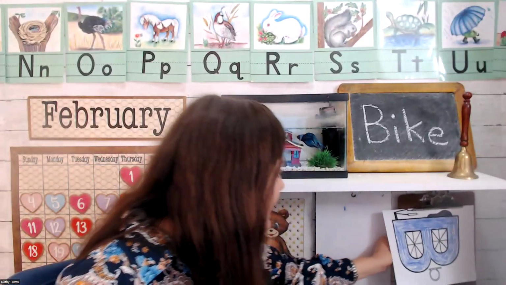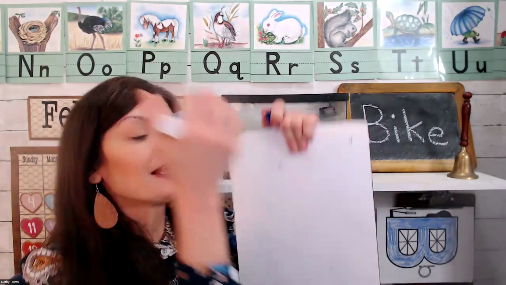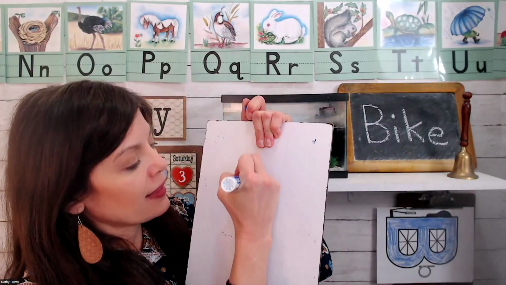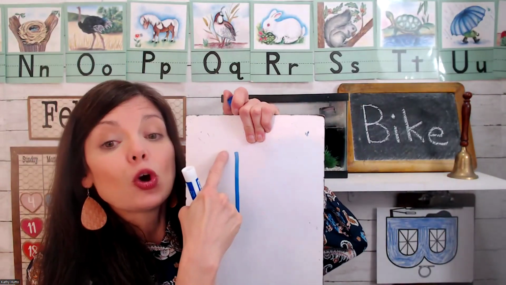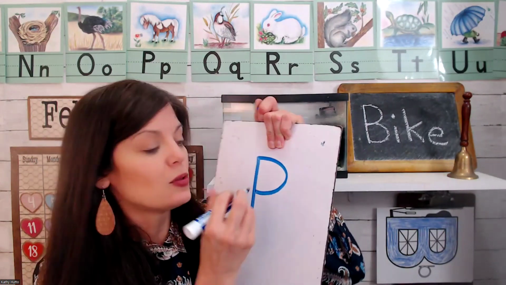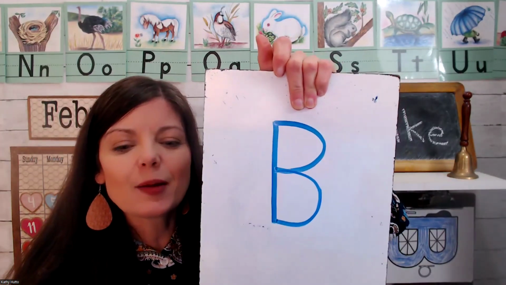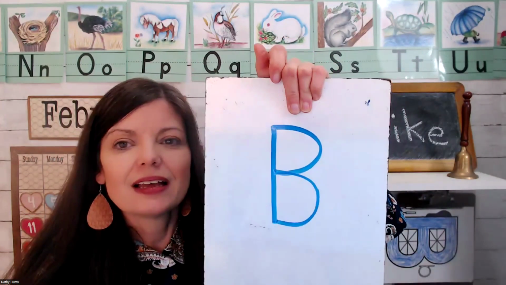Now that we can recognize our letter B, we'll practice writing it. To write letter B, you're going to make a line that comes straight down, go back to the top, curve around from the top to the middle, and the middle to the bottom. That is uppercase letter B. Let's practice.